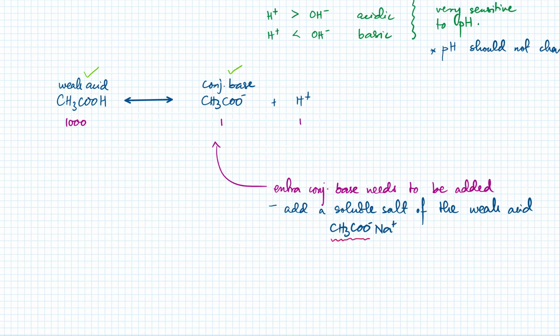So that's one way of doing that. I'm going to add sodium ethanoate, so my ethanoate ion concentration would increase. Let's say I add a lot of it. Is this clear that you take ethanoic acid and add extra salt of the weak acid so that the concentration of ethanoate ions goes up? Is that clear?